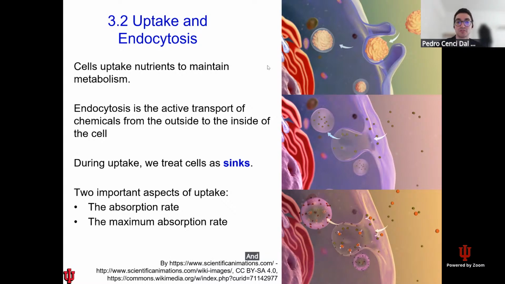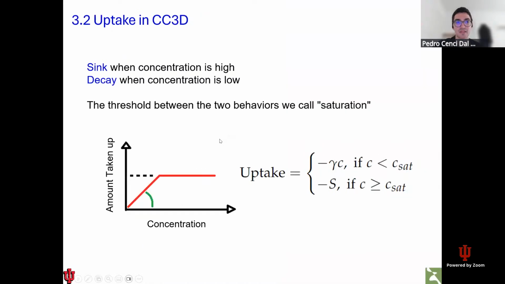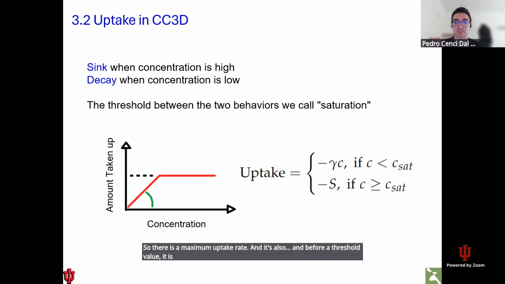If you give 1 kilogram of sugar to a cell, it's not going to take 1 kilogram of sugar in a second. So our uptake function is saturating. So there is a maximum uptake rate, and before a threshold value, it is proportional to the field concentration. And we write it like this.